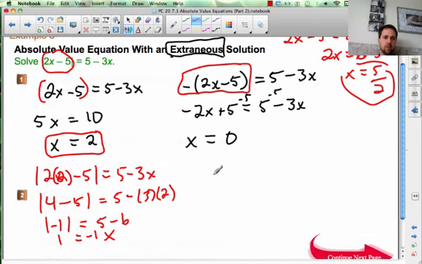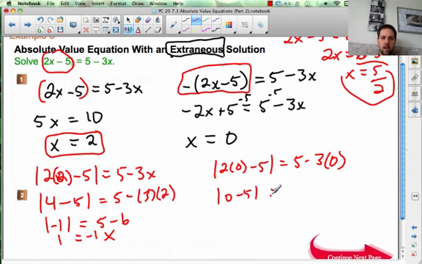And let's see if this one ends up working. So we have the absolute value of 2 times 0 minus 5 equals 5 minus 3 times 0. So 0 minus 5, the absolute value of that equals 5. Of course, the absolute value of negative 5 is 5, and we get 5 equals 5.